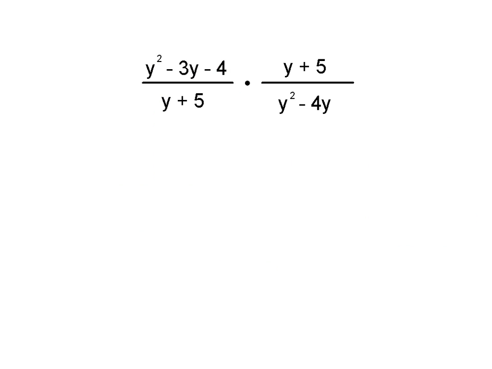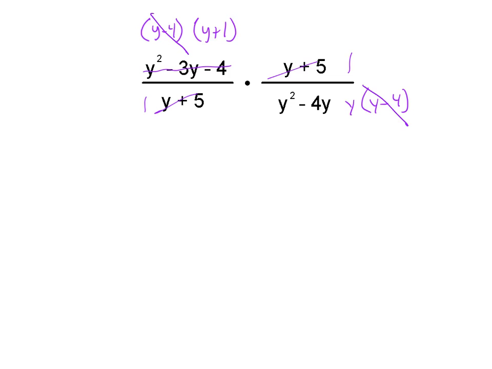All right, let's do one more that's a little more complicated. Notice if I factor this first one, I'd have y minus 4, y plus 1, right? This top left. And notice in this bottom right, I can divide out a y, right? So let's do that. That would give us y minus 4. And then notice this pair going diagonally, we can cancel out. And then notice we can now cancel out a y minus 4 on both of these.